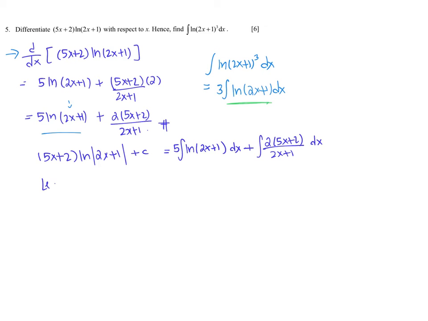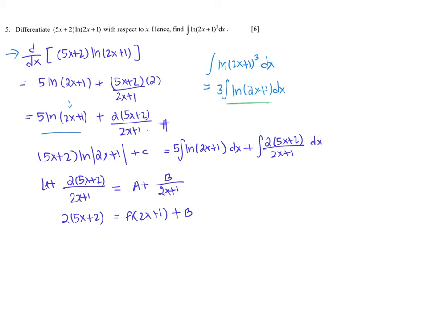So with that, let's write that down. So we let 2 bracket 5x plus 2 over 2x plus 1 be equal to a plus b over 2x plus 1. Alright, so we have to multiply 2x plus 1 on both sides. We will have the end result to be this.